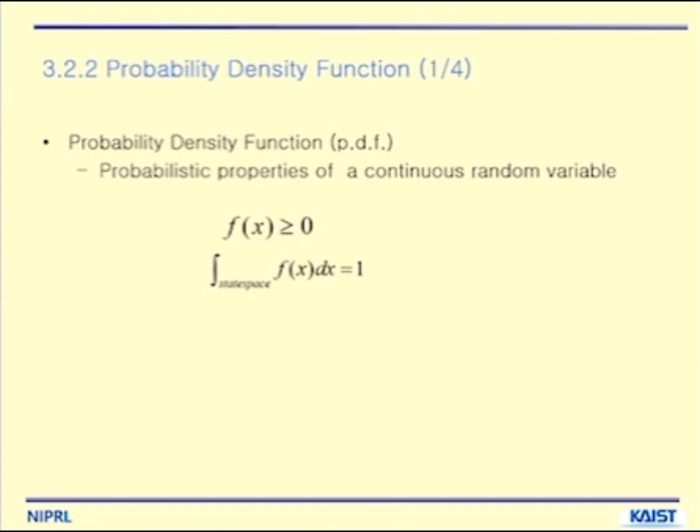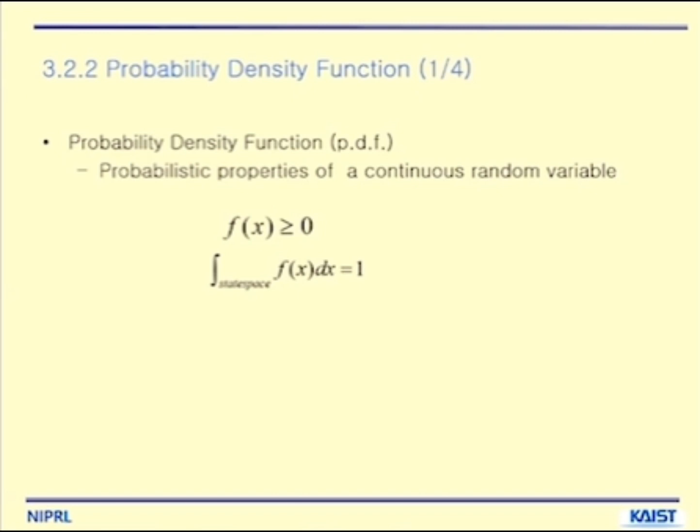But there's something I need you to know. When you are working with a discrete random variable, you need a probability mass function. When you are working with a continuous random variable, you need a probability density function. Now we are working with a probability density function. Of course, we expect f of s to be greater than or equal to 0.